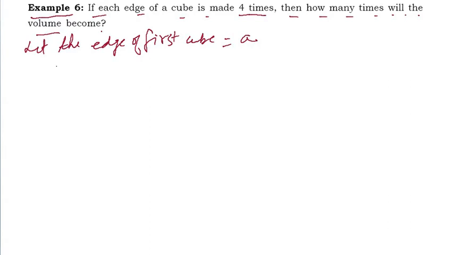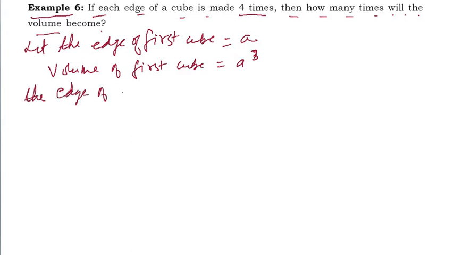So volume of first cube is equal to a cube. Now the edge of the second cube, you can write here, the edge of the second cube is 4 times.